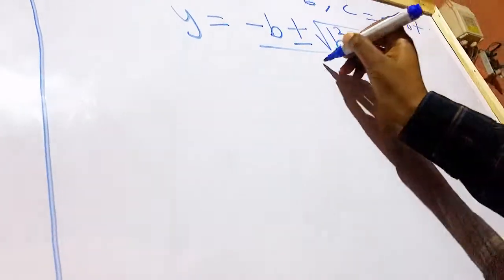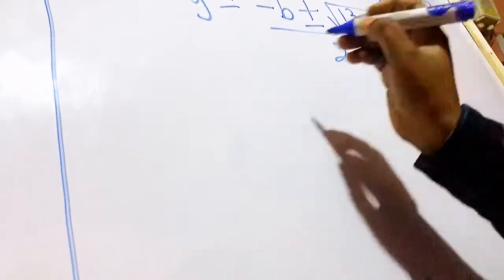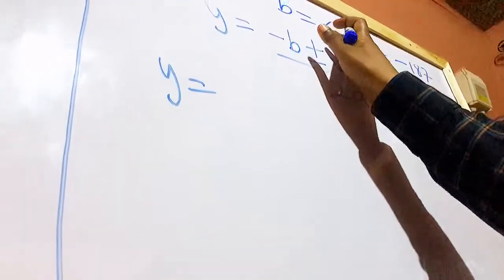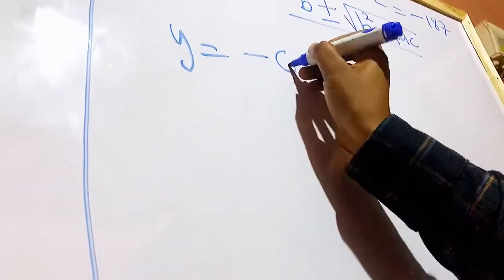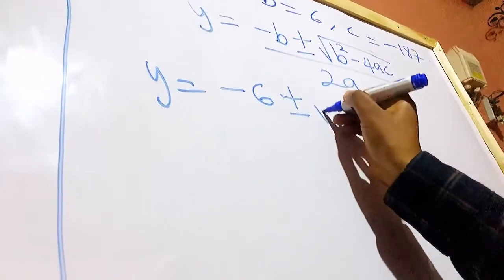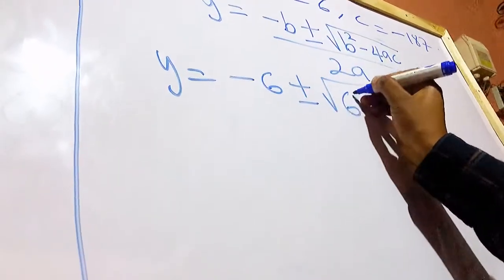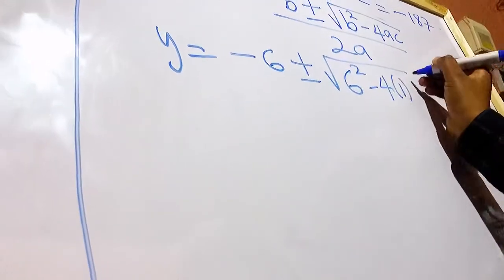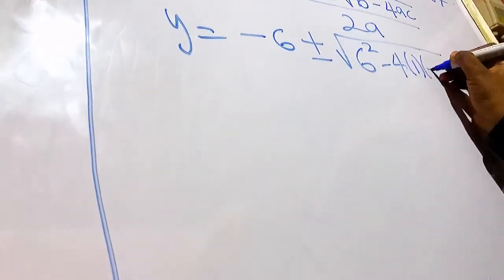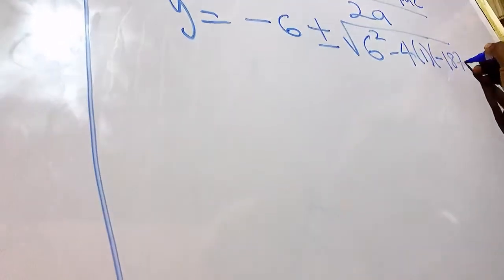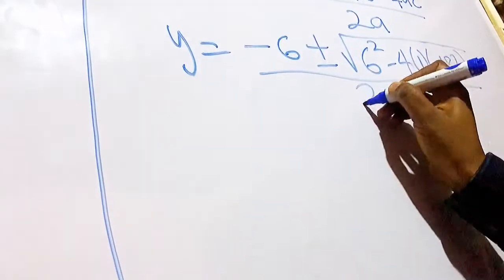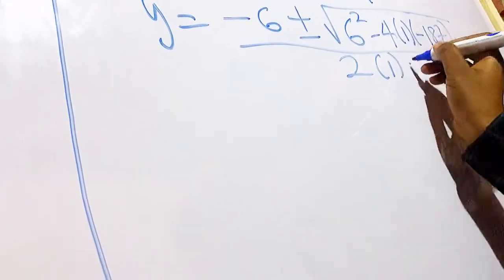Everything over 2a. So y is equal to, anywhere we see b, we are going to put 6. So minus 6 plus or minus square root of 6 squared minus 4. Anywhere we see a, we are going to put 1. And anywhere we see c, we are going to put minus 187. Everything over 2a, 2 multiplied by 1.